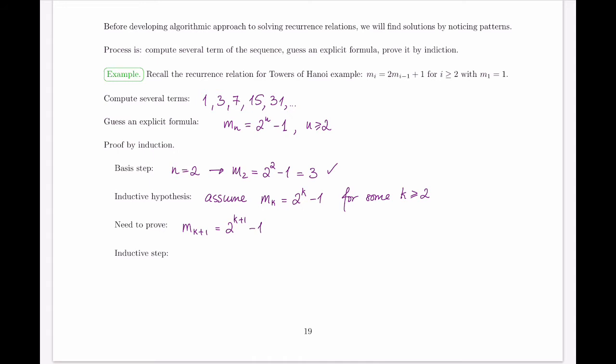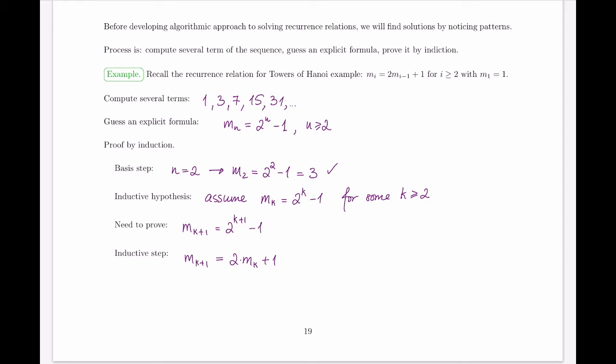So I'm going to start at the left-hand side. So I have m sub k plus 1. Well, what do I know about it? I'm trying to prove that this is the formula for it. But what I have for it is the actual recursion. This defines my sequence. So this is given to me. So what I can do is apply the definition of the recursion, which says that the next term is 2 times the previous term plus 1.